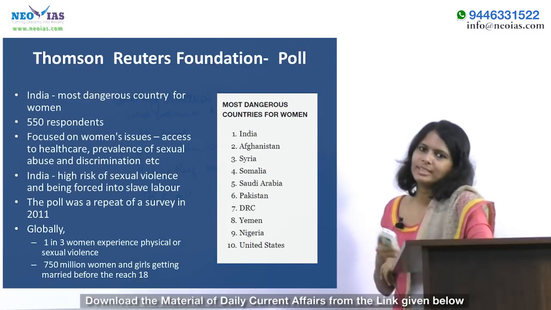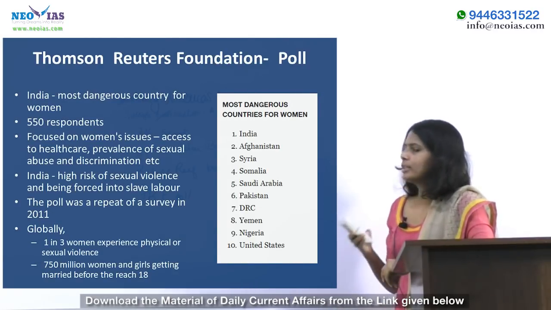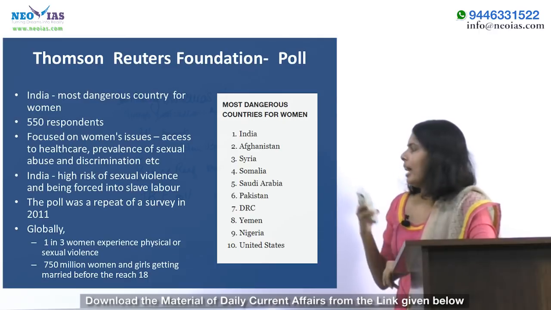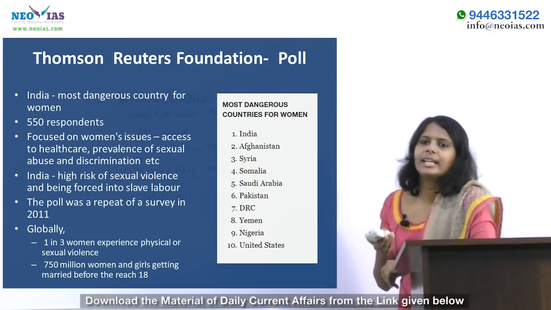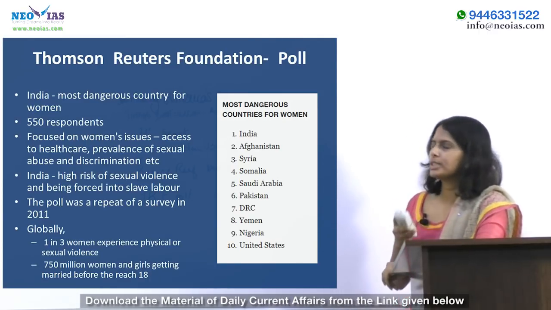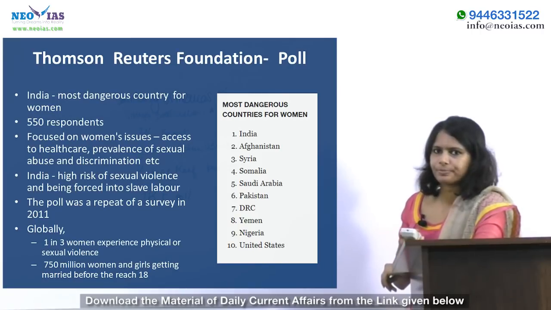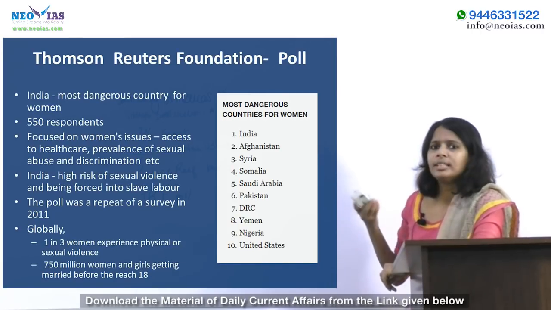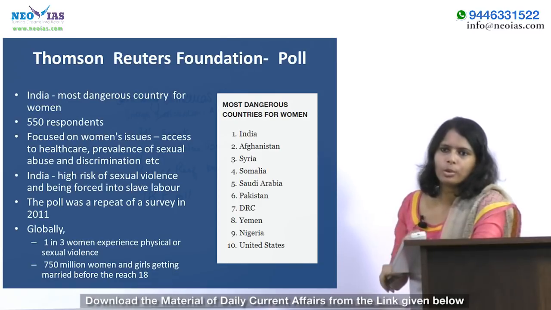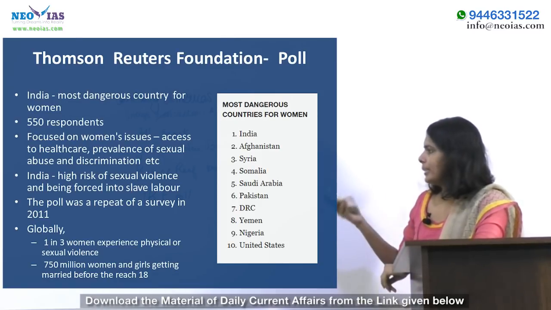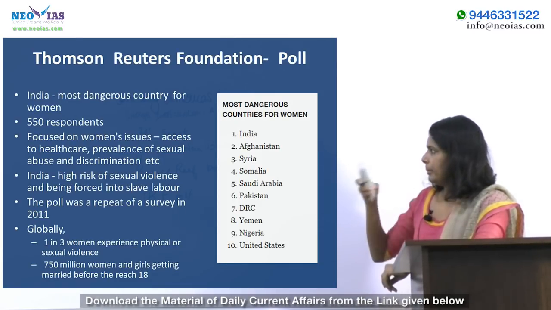So the last topic for the day is a poll conducted by Thomson Reuters Foundation. According to this poll, India has been ranked as the most dangerous country for women. As I already said, the poll was conducted by the Thomson Reuters Foundation and it was based on various women issues.